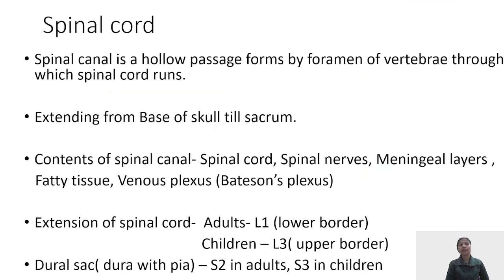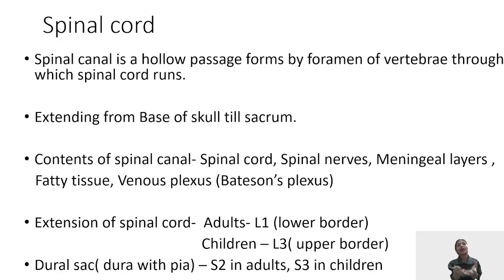The spinal cord runs through the spinal canal. It is formed when we stack the vertebrae together and a hollow passage is formed. Through that hollow passage, from the base of the skull to the sacrum, runs our spinal cord. The contents of the spinal canal are the spinal cord, then certain coverings of the spinal cord which are known as the meningeal layers.